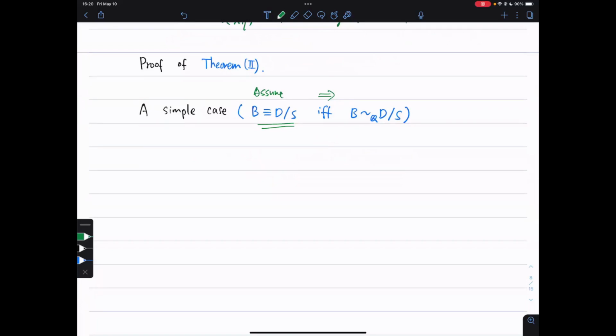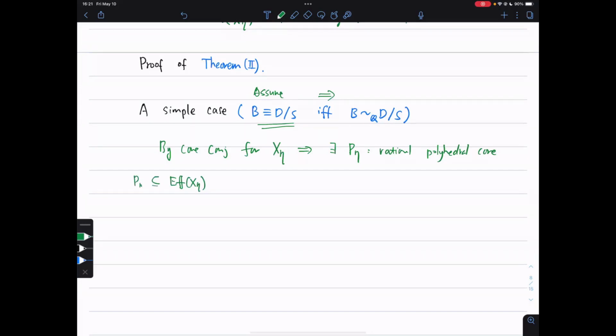All right, so by cone conjecture for X_eta, this is something we assume, we know there is a rational polyhedral cone, inside of the effective cone, such that the birational group acting on it contains the movable cone.